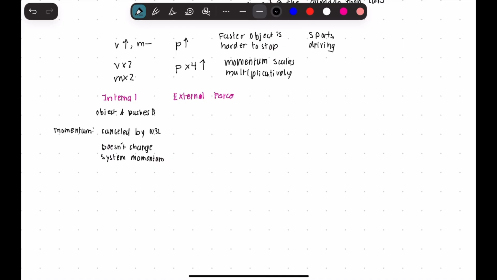But let's take, for example, external forces, like friction, the wall, and also the ground. This actually changes the system momentum because it's being added to the system, added or removed from the system, from the total.